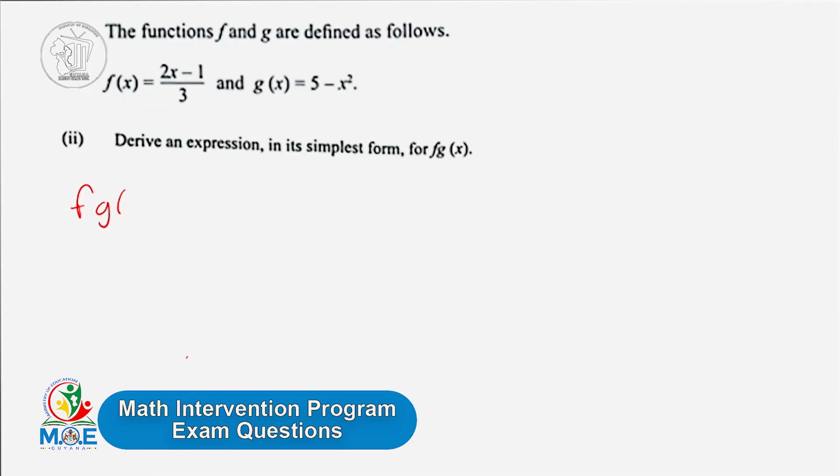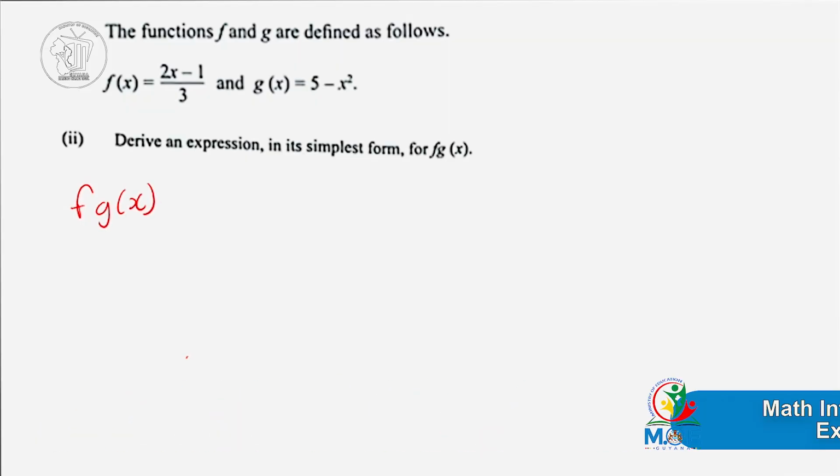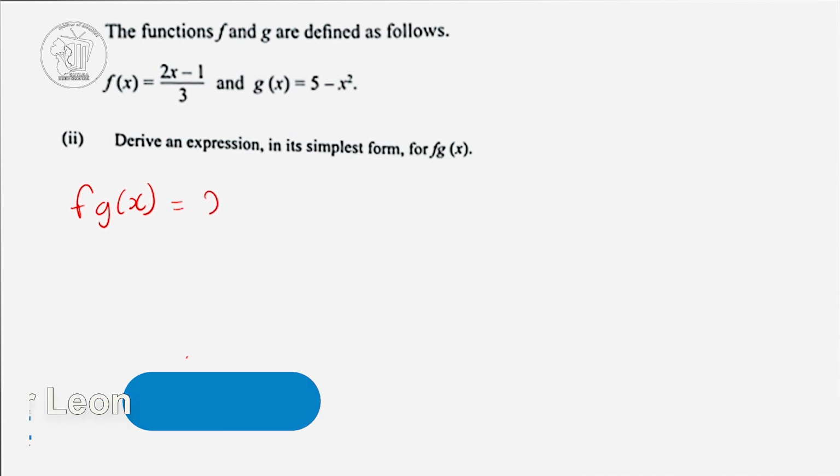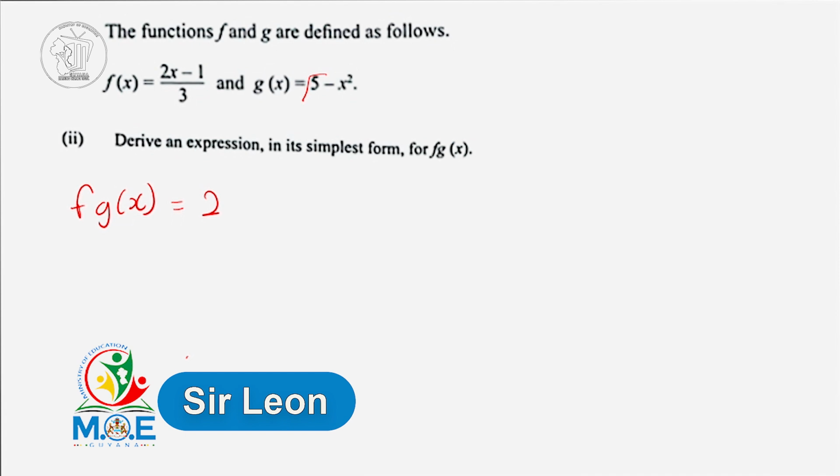So fg of x, we see we are taking the function g and we're putting it inside the function f. So we do that. So fg of x would be, we have the function f, which would be 2. Instead of x, we will replace it with g of x. So we'll say 2g of x minus 1 all divided by 3.